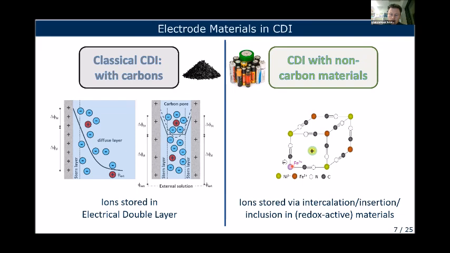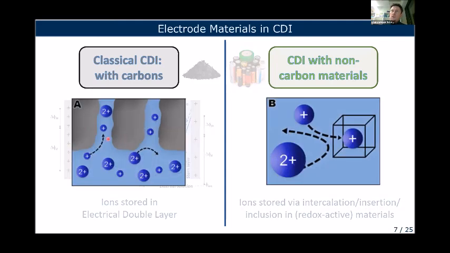So you play with the redox state of your material to insert or expel ions in and out of your material. That started with a lot of non-carbon based materials, although this is of course a cyano derivative, and some more carbon-based methods are also used here. But they are very different compared to the classical carbon, because there it's the EDL where the storage takes place, and here it is really insertion into the material, which is then often called intercalation.